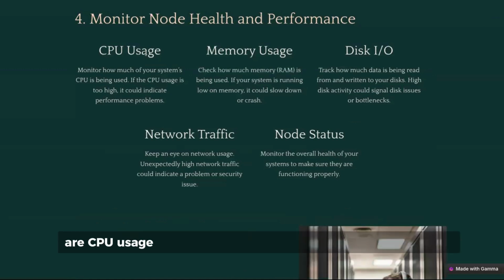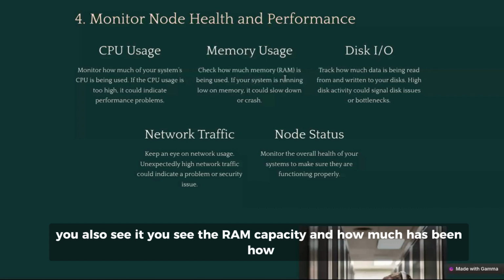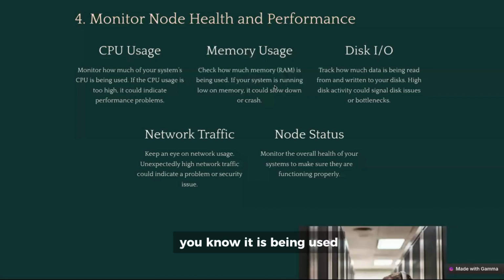Some of the things you can monitor are CPU usage, so how much of your node's CPU is being utilized. You would see all of these things on the dashboard. The memory usage, you also see it. You see the RAM capacity and how it is being used.